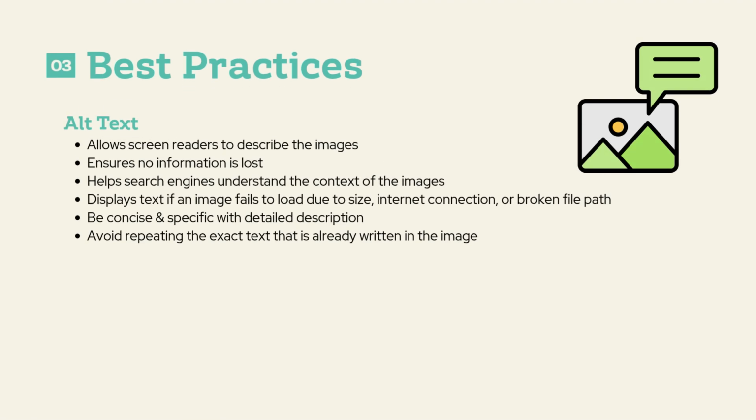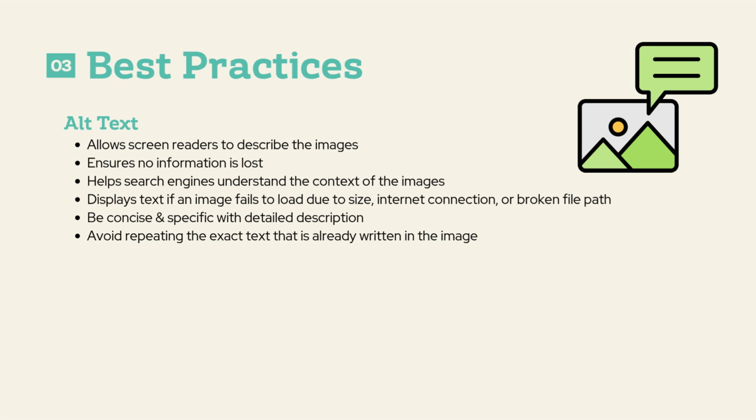Let's talk about best practices to help us ground ourselves in two standards of modern web design: digital accessibility and copyright law. First, alt text, which stands for alternative text, a short description embedded behind an image. It serves some crucial purposes. It allows screen readers to read the visual description aloud to users with visual impairments, ensuring no instructional information is lost.